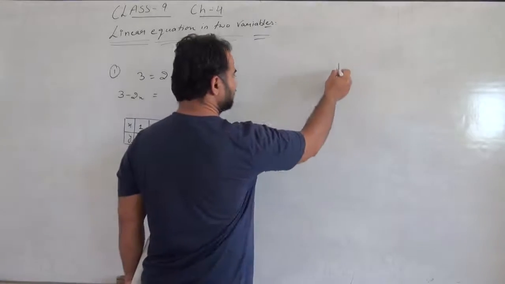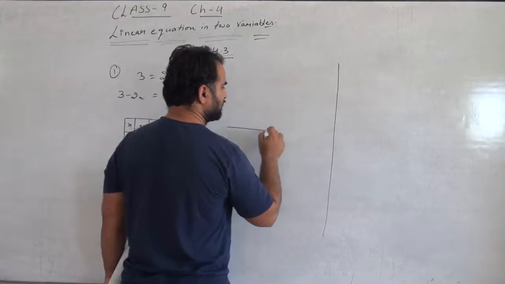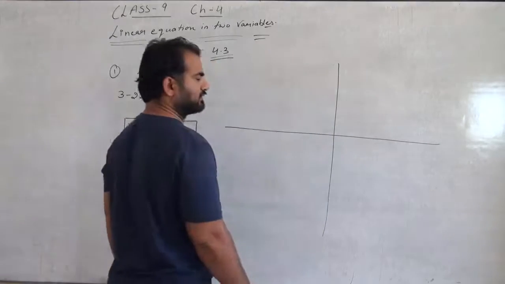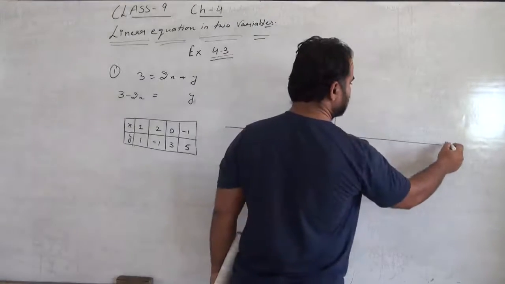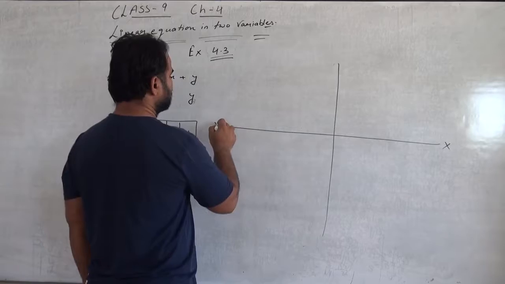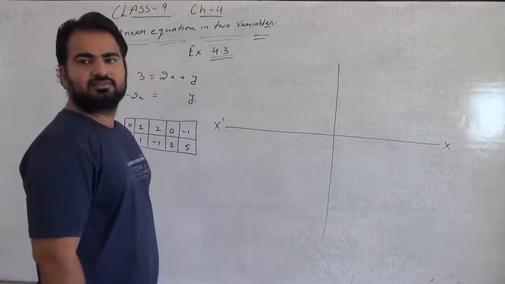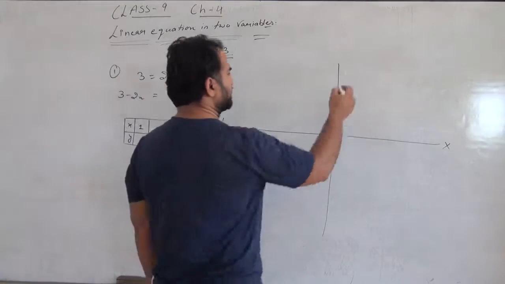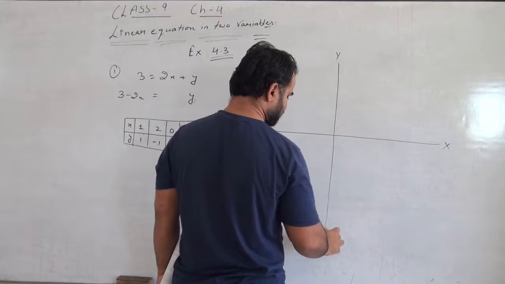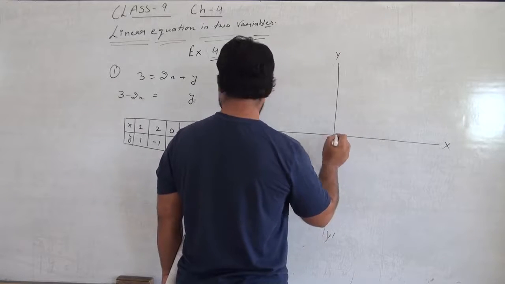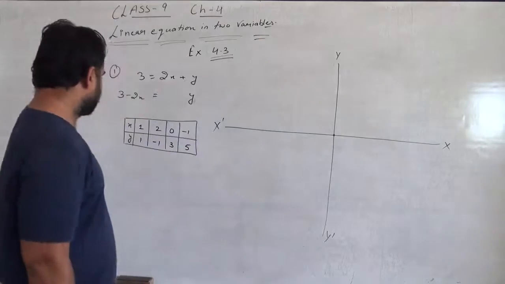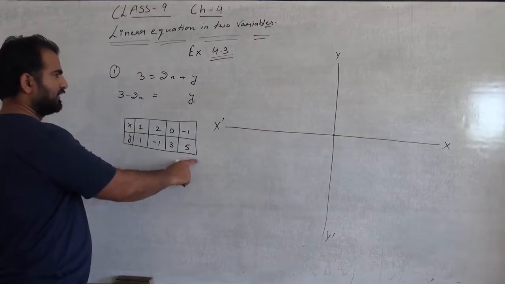What we have to do is make a graph and draw 4 quadrants. Okay, you know how to draw it? We have learned it in chapter number 3. X dash, x, y and y dash. Okay, we know that we have to give y equals to 5.